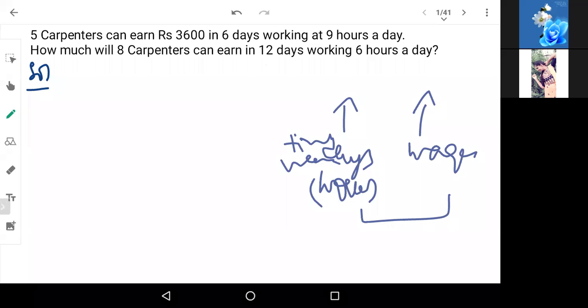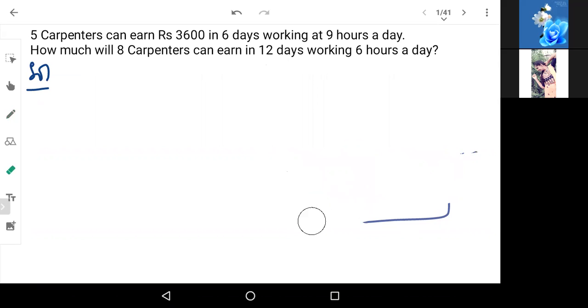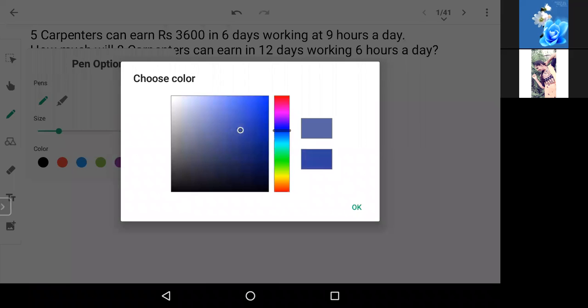Direct proportion. If the time, days, weeks, everything increases, then wages will also increase. If time, days, weeks or their work decreases, the wages will also decrease. So it is a direct proportion. Now let us solve this direct proportion.